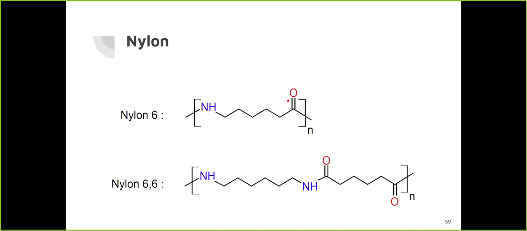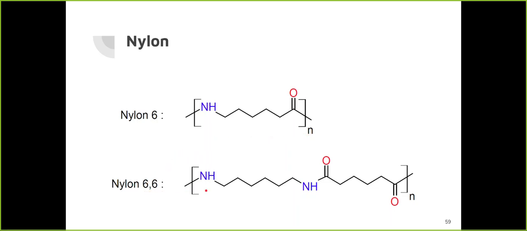Some examples of this are nylon. Nylon is one of the first polymers to be generated. Nylon 6 has 6 carbons in here repeating over and over again with an amino group on one end and your carboxylic acid group on the other, and it just repeats n times.